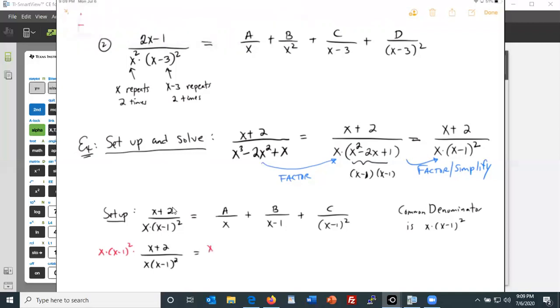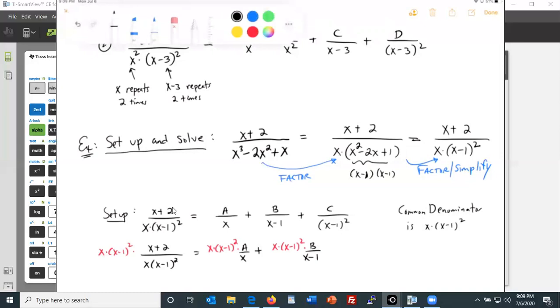And then x times (x - 1) squared times the A term, A over x, plus x times (x - 1) squared times the B term, and then plus x times (x - 1) squared times the C term.